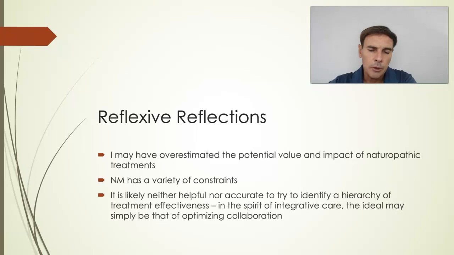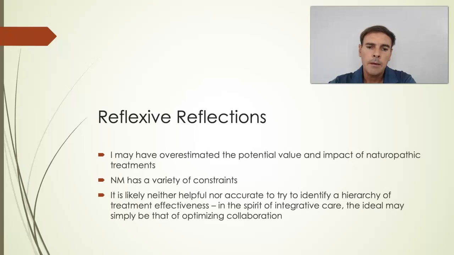I think in terms of my own personal biases, I may have overestimated the potential value and impact of naturopathic treatments. So I do highly value them, but I think there are definite benefits to the standard of care model as well. So I really welcome the collaborative approach.